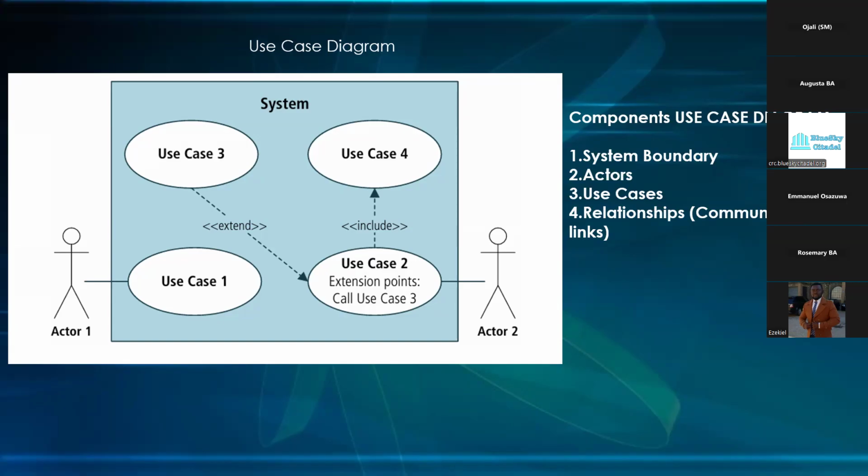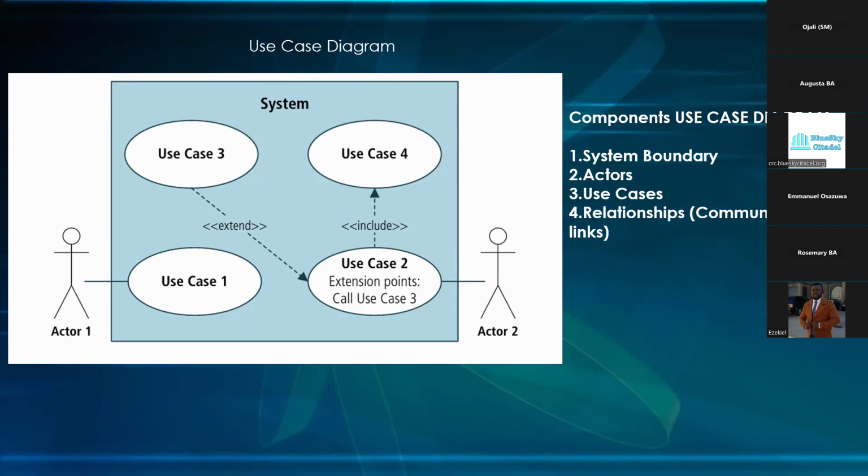The system is simply the application that you are building currently, and it is usually in that rectangle box. That's the system, called the system boundary. I'm still going to explain it further as I move on. We also have the external environment, meaning the people that are going to be interacting with the system. The system is the box.